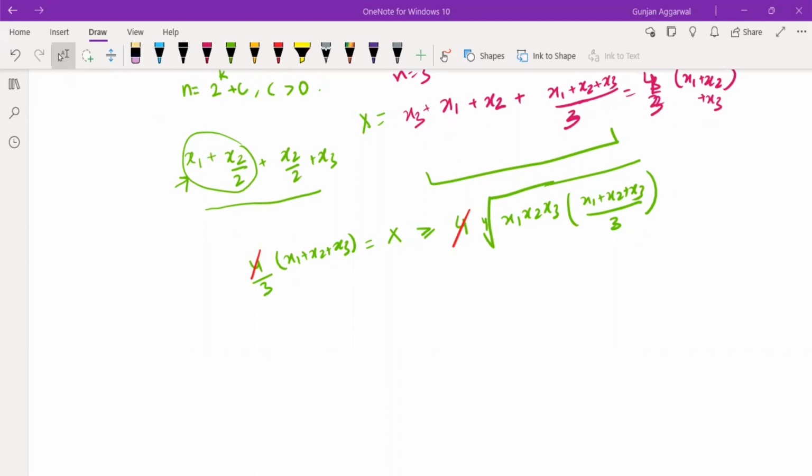From here we can get it for n equals 3, right? Yeah. Okay, I think I see it for general n also.